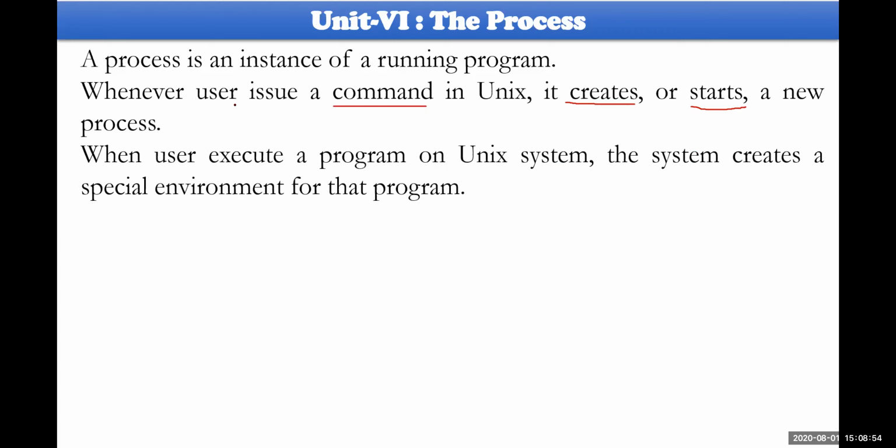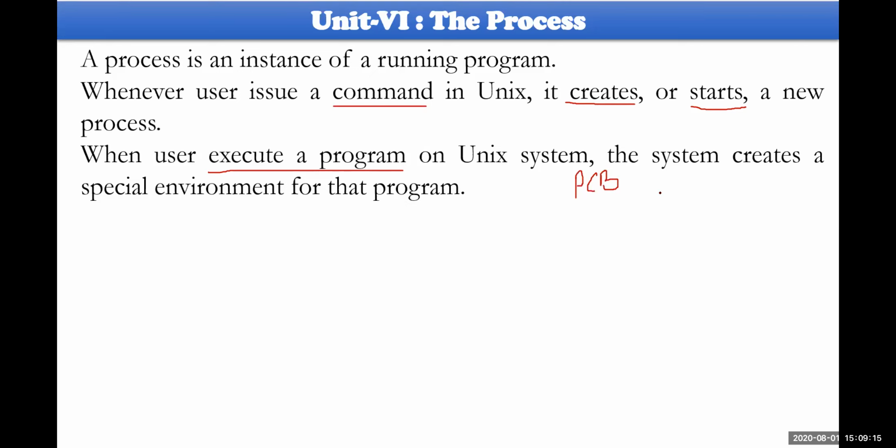As and when you invoke any kind of program for execution, a special environment will be created. You have already heard a particular name in your operating system course, the process control block, PCB.